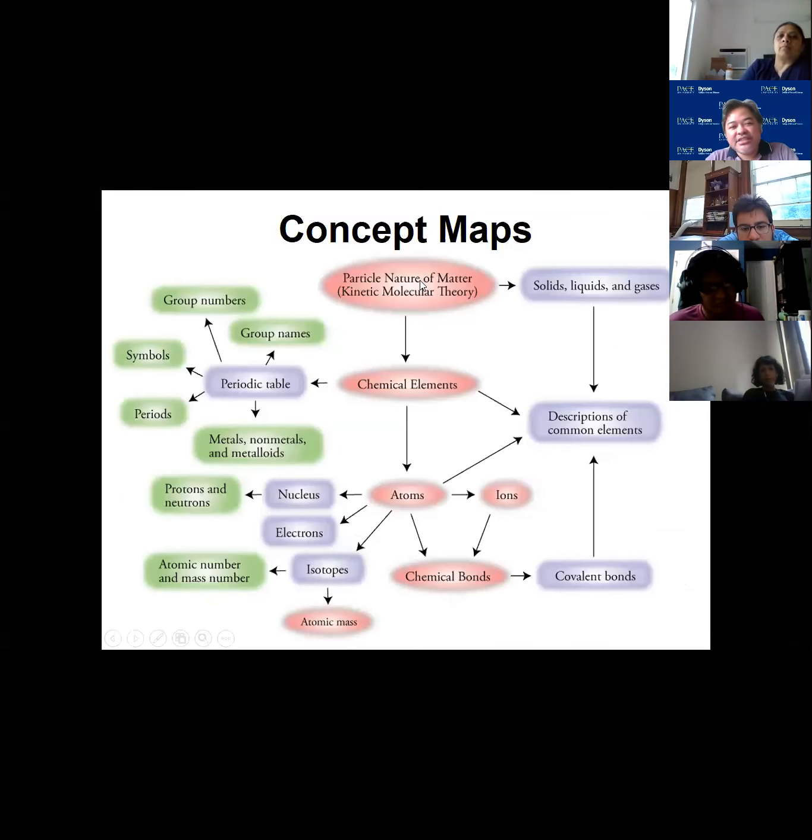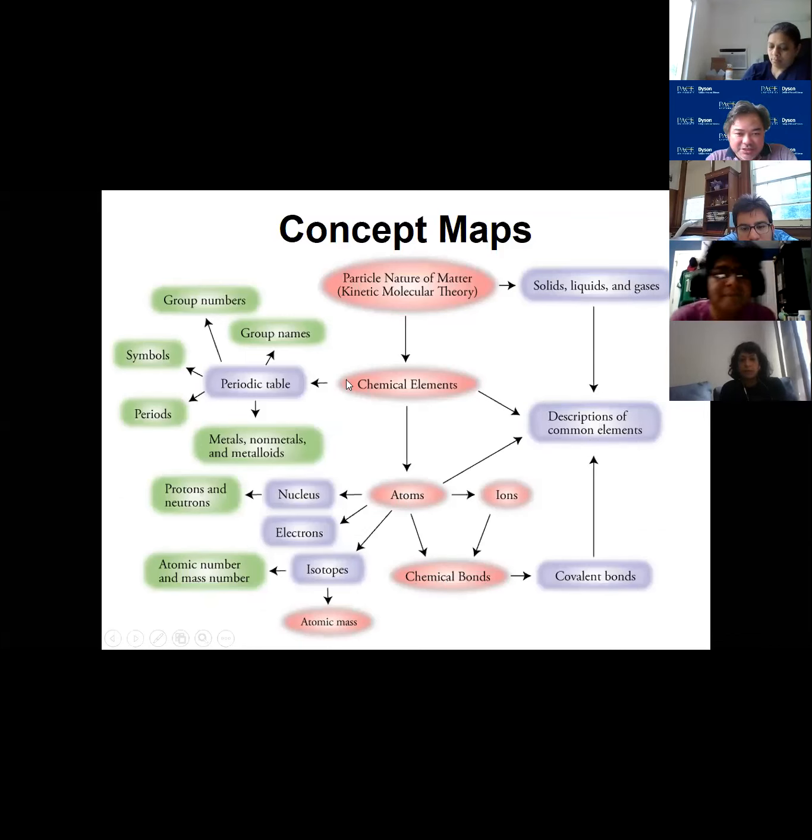The particle nature of matter. So you have here solid, liquids, and gas, which you can describe in terms of common elements. So the particle nature, the chemical elements, so everything goes to atoms. In the atoms, you have the chemical bonds, where one of them is a covalent bond.